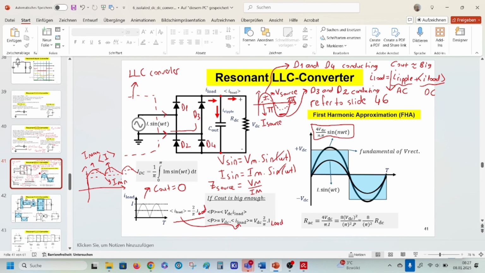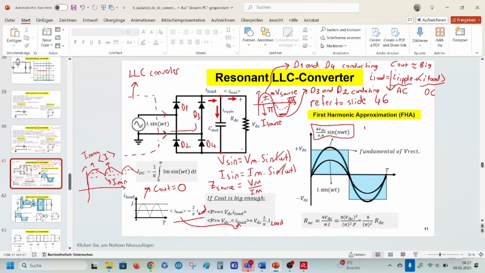And what was the first harmonic approximation? We have a DC input voltage, which is shown here, and the AC output voltage, or equivalent voltage of DC as sine wave, is 4 over pi times the fundamental.